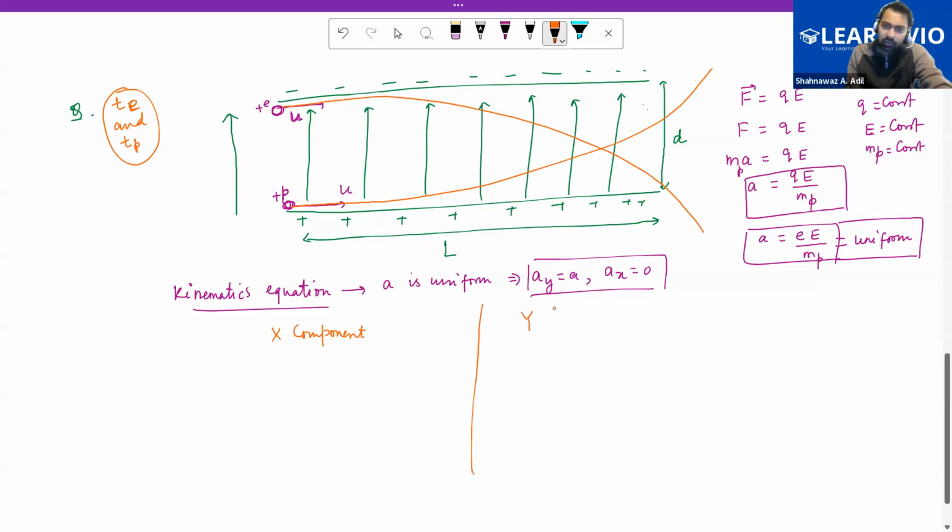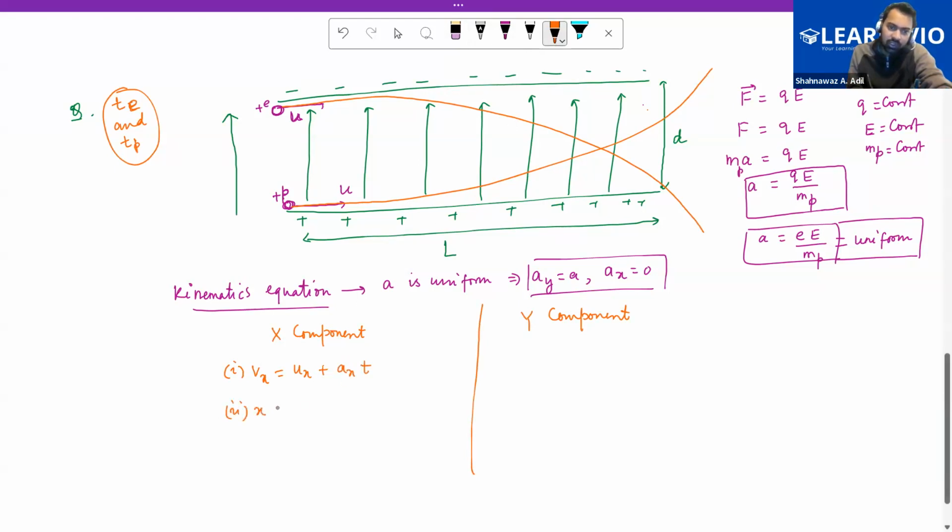The X component would be Vx equals Ux plus Axt.